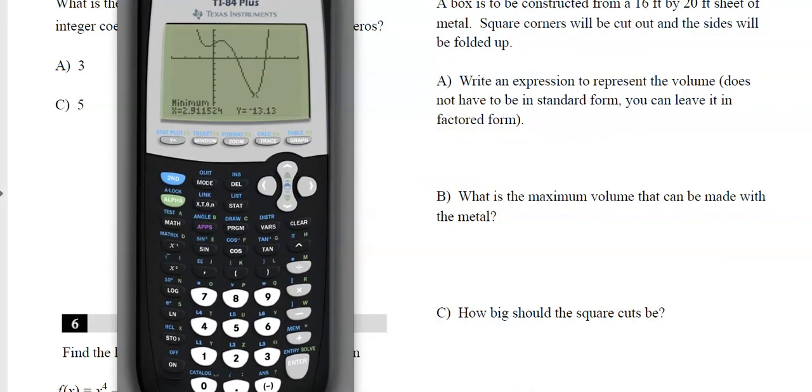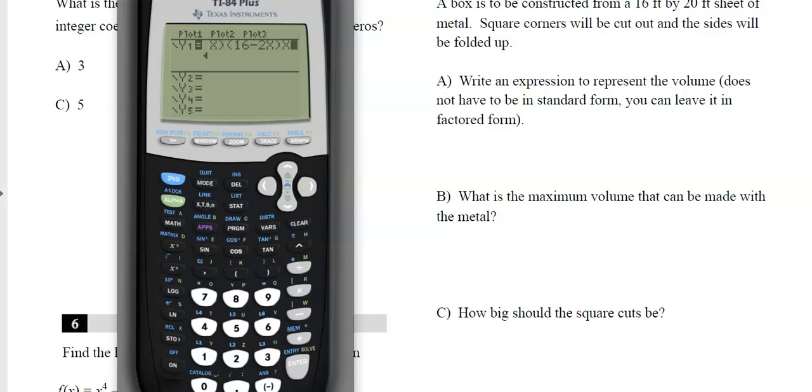Go to y equals, clear that out, and we had 20 minus 2x in parentheses, another parentheses. This just saves you from having to multiply it all out. That's why I said it doesn't have to be in standard form. Thought we could speed up this process a little bit.